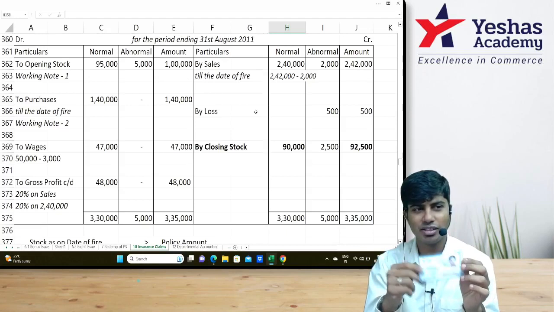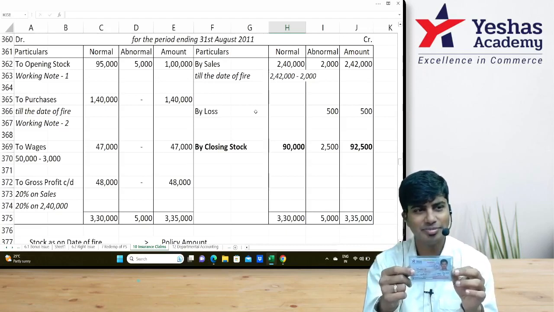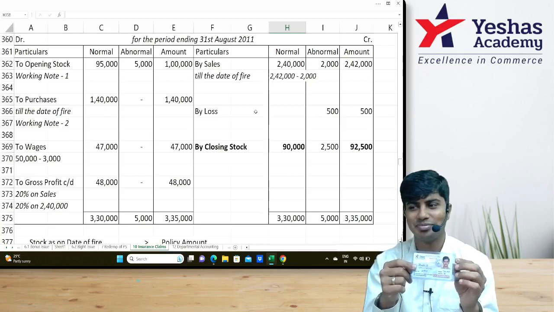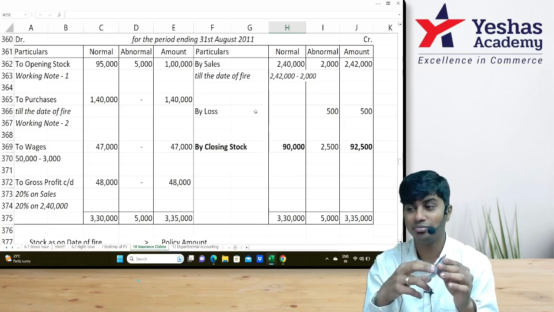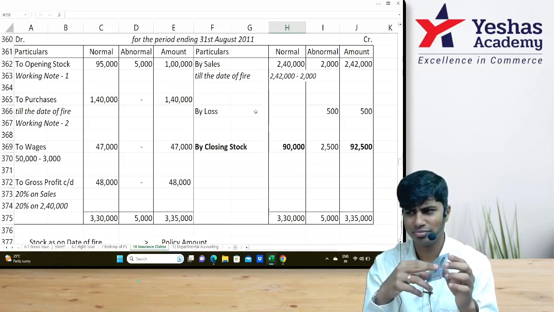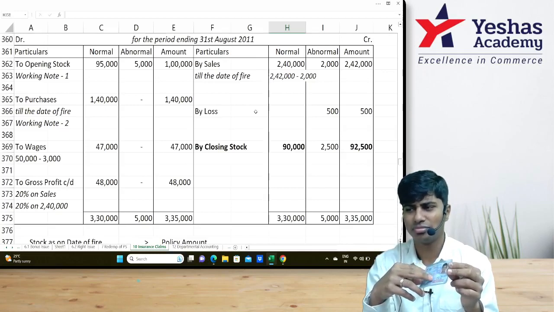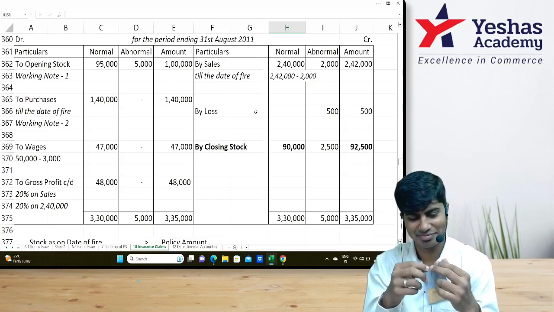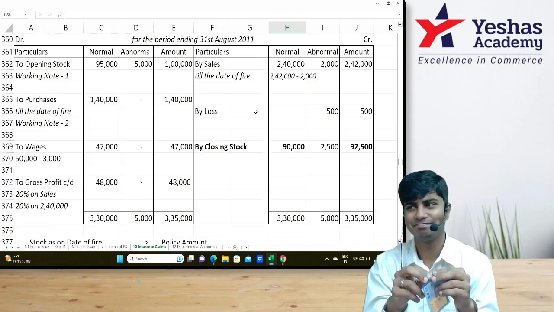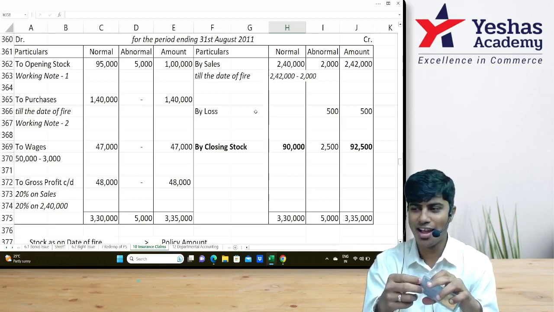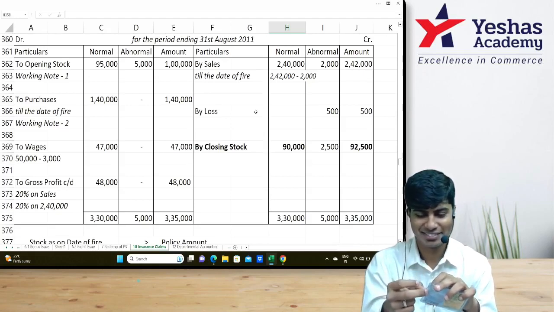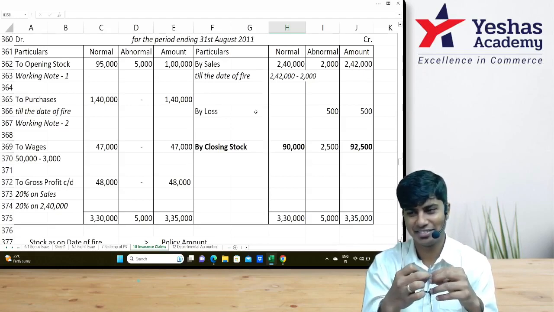Someone has left an ID card, or they stole someone's wallet, and they're returning their ID card. Eraser?